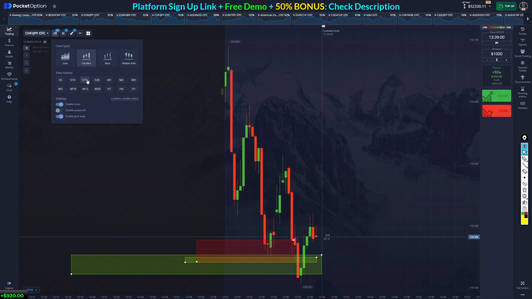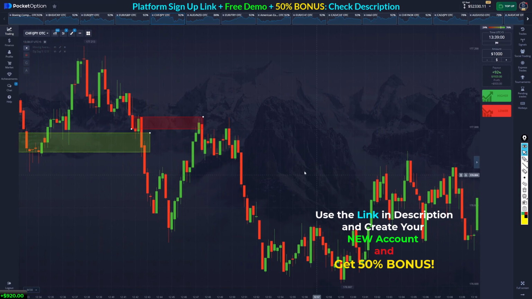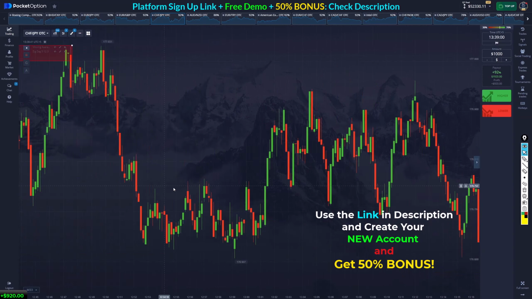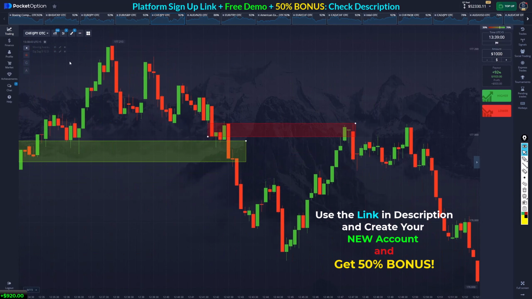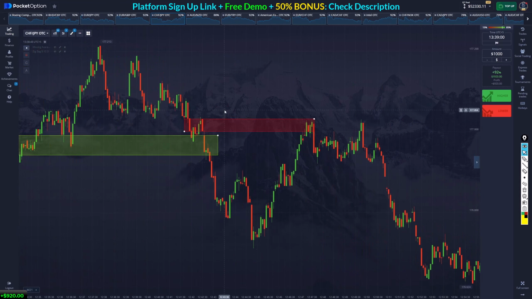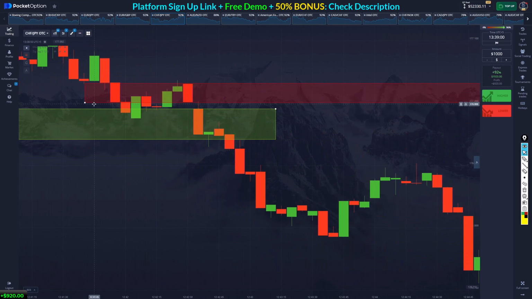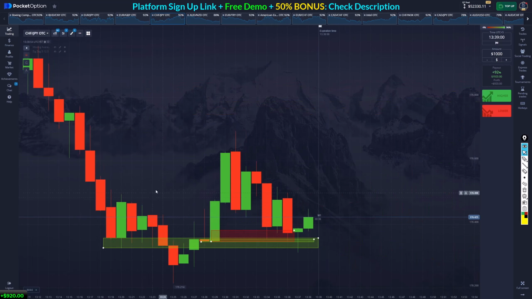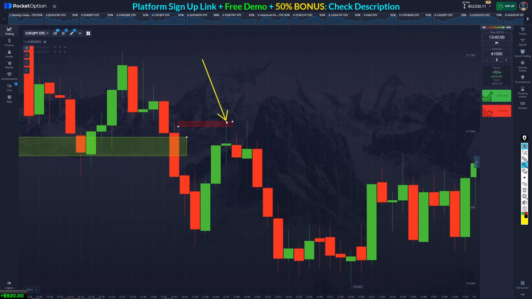You can even refine your entry, okay, and go to lower time frame. If there's a smaller supply, you can just refine your zone to that particular one. Look at this one. You see this smaller one? So this is the well optimized entry for us to take this sell, right?